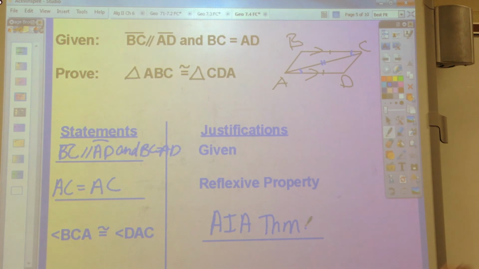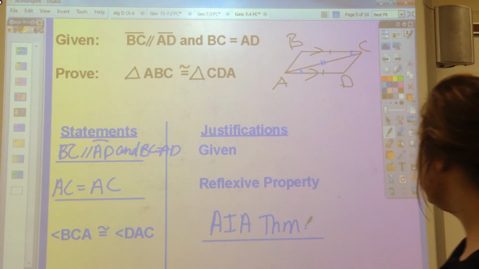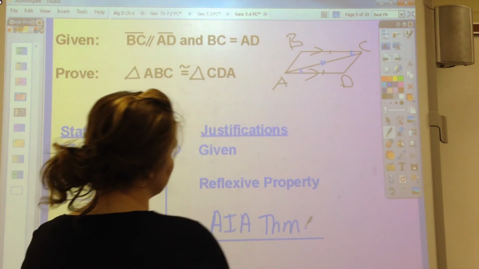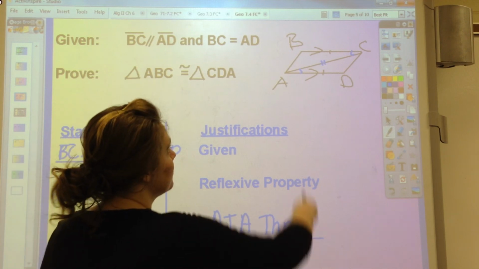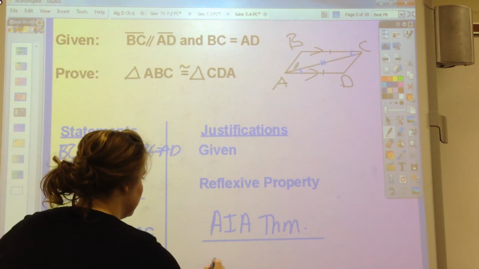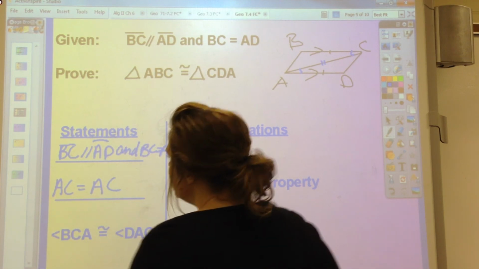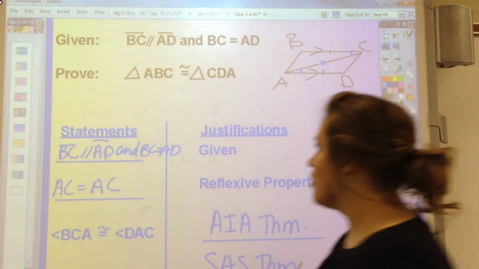If two lines are parallel, cut by a transversal, your alternate interior angles must be equal, and vice versa, if your alternate interior angles are equal, your lines must be parallel. Just a reminder on this theorem. And then finally, why can I say that these two triangles are congruent? Because I have a side angle side theorem, and in the correct order. Side angle side theorem.